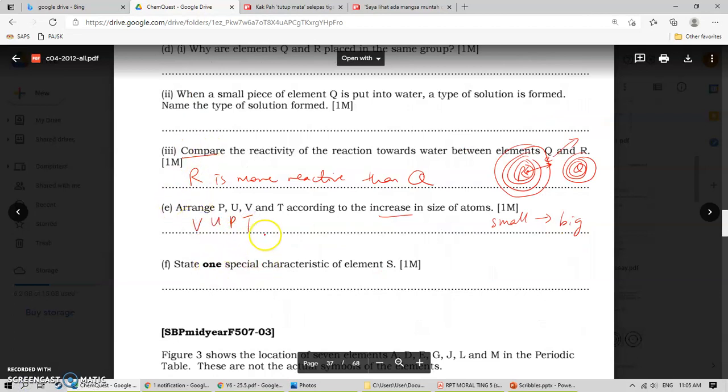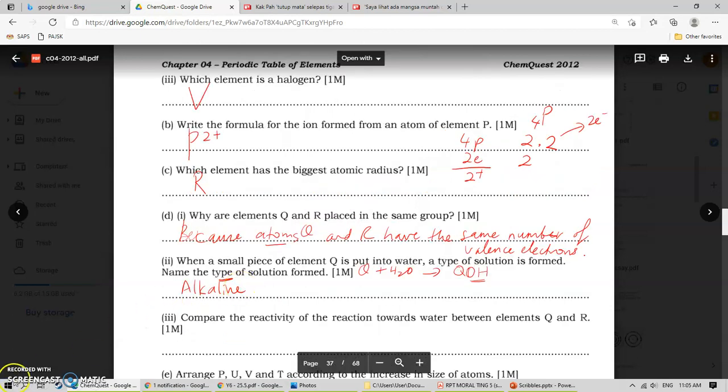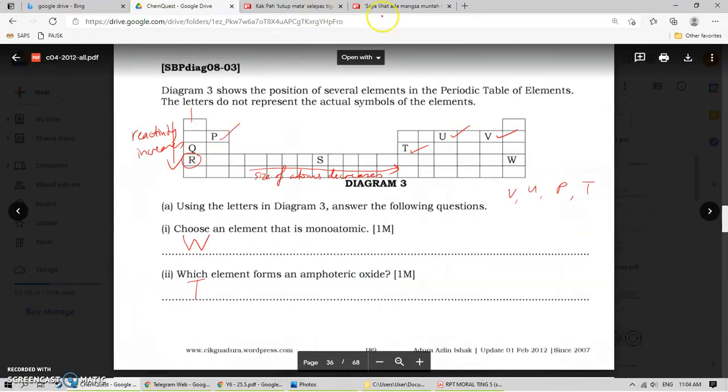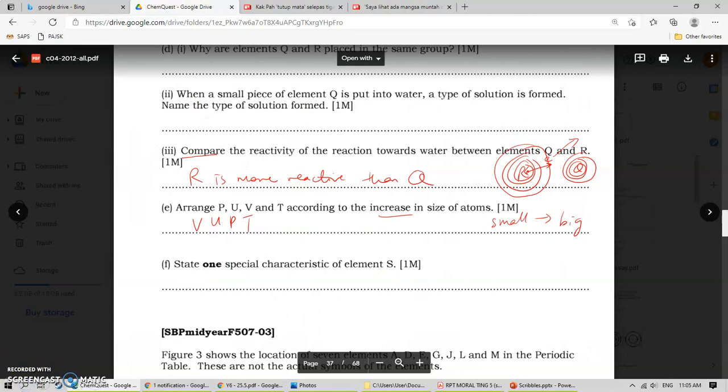And one special characteristic of element S. Where is element S? Element S is a transition metal. All the metals in between group 2 and group 13 are transition metals. So there are 4 special characteristics. You just have to mention one.